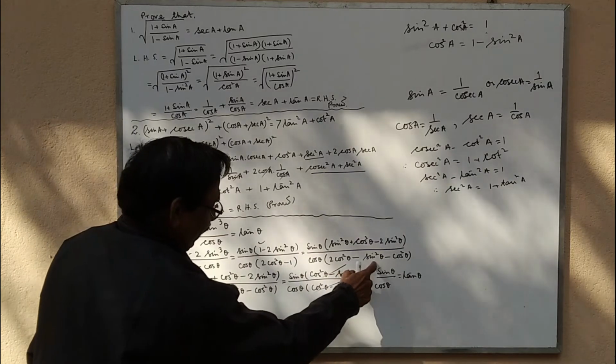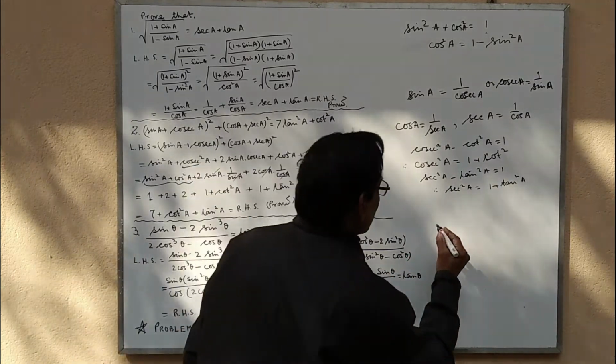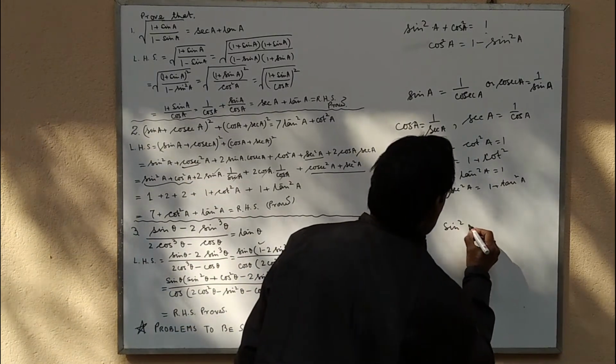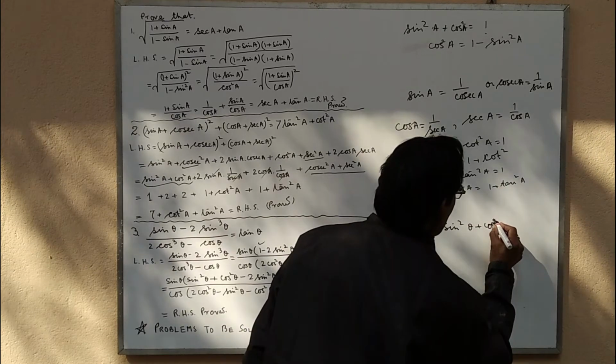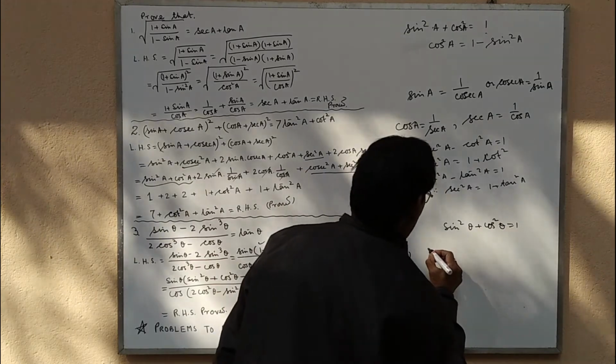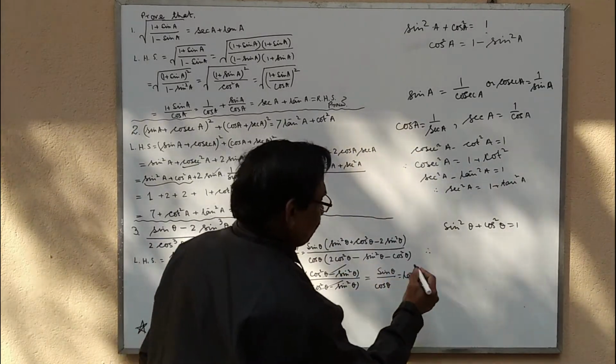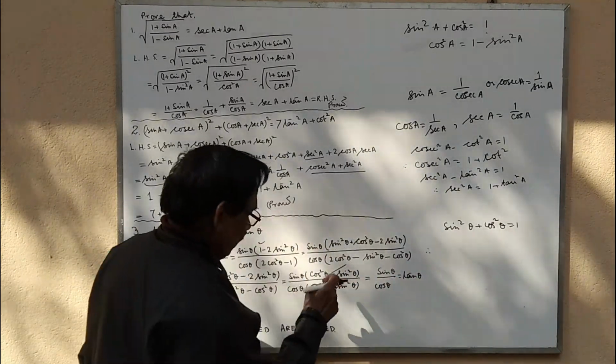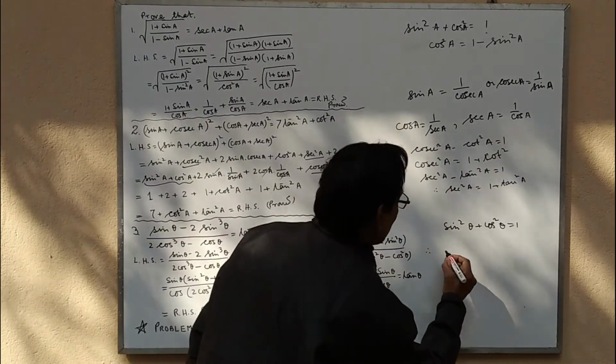Denominator: 2 cos square theta minus 1. Minus 1 means minus (sin square theta plus cos square theta), because sin square theta plus cos square theta is equal to 1.